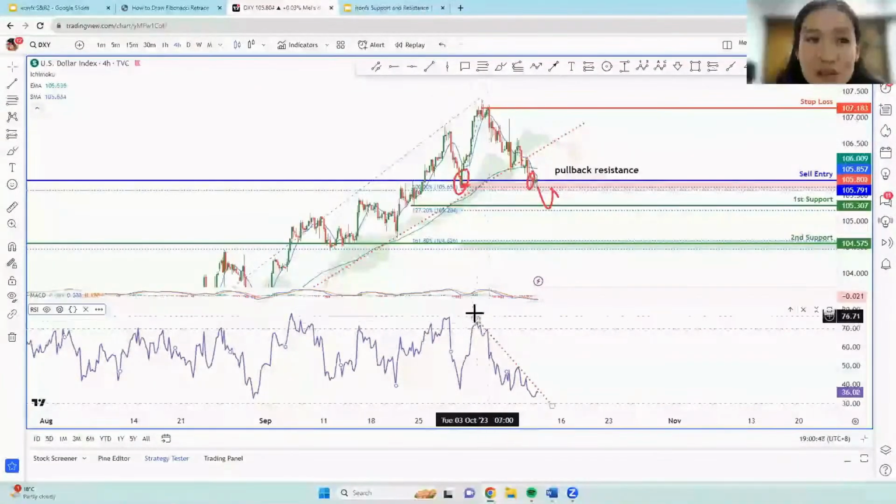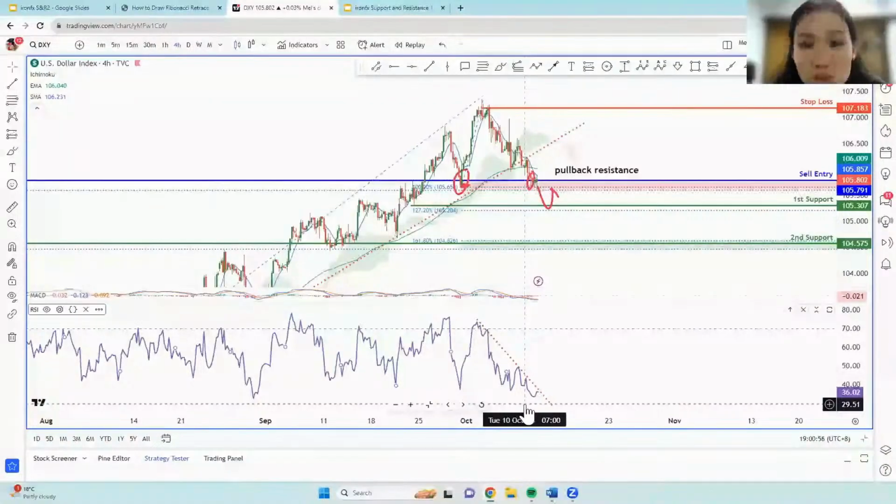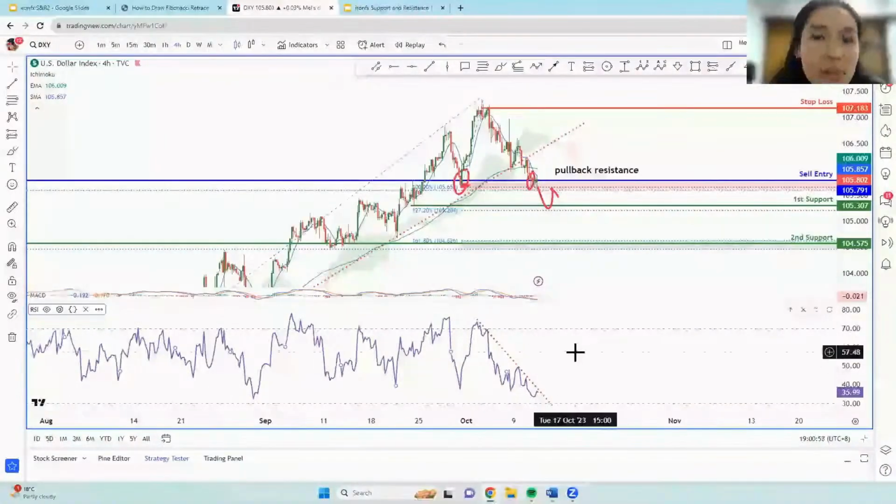If it's above the upper band, that means it's overbought, so we can expect price to drop, as you can see here. If it's below the lower band, it's oversold, so we can expect it to go up.